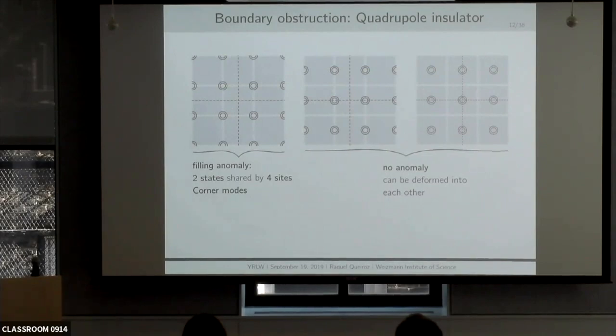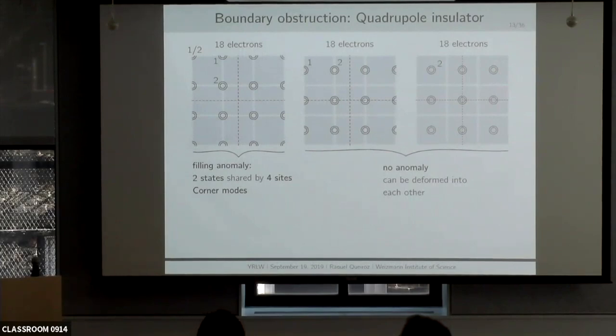And here in these pictures, all cases have 18 electrons. Let me do some counting here. So here I have place for 2 electrons, and here I have place for 1 electron at the edge. But in this case, because I chose to cut it in this way, I have the place for 2 electrons to be shared between the 4 corners. So in the corners, I will have space only for half an electron.